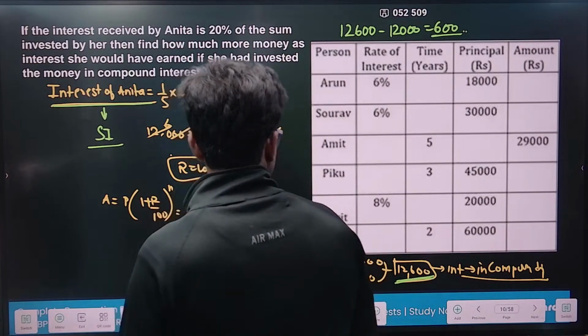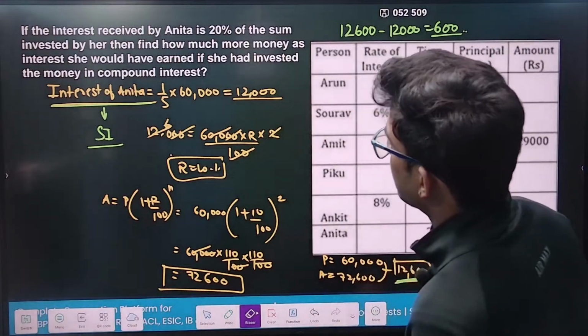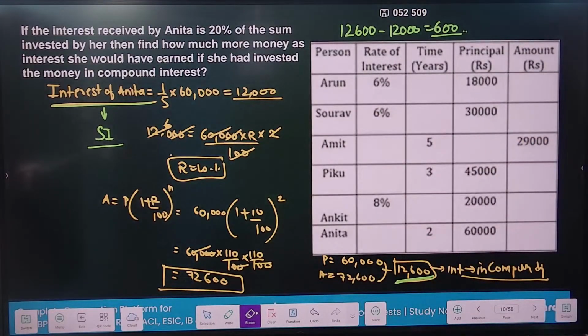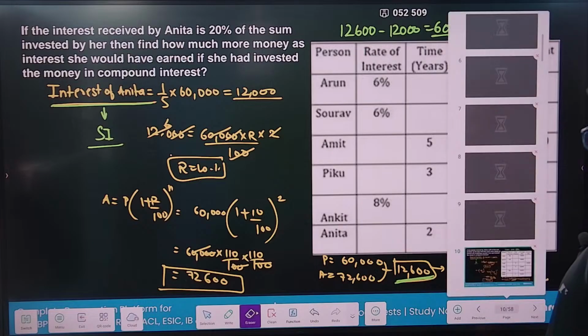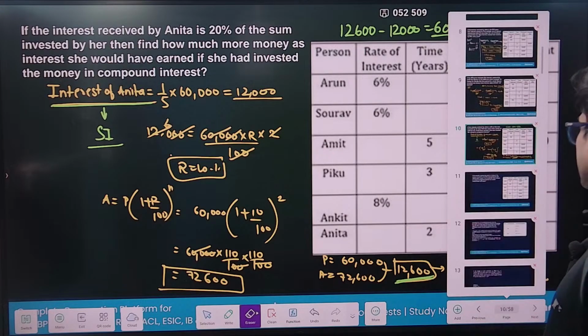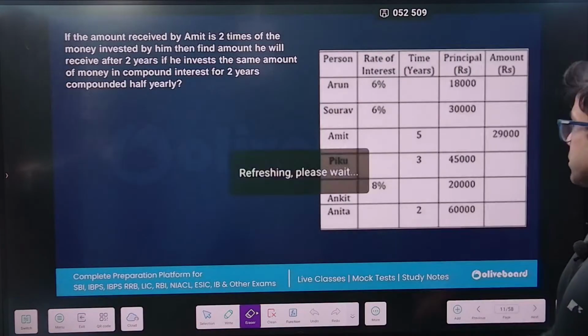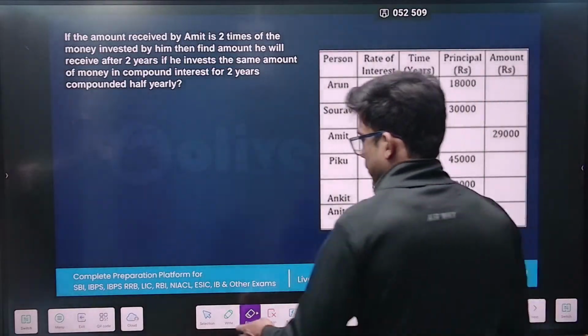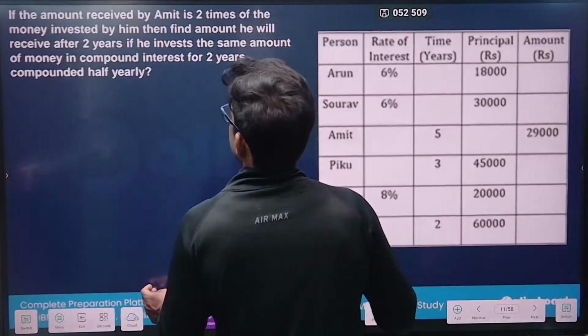Correct, everyone? So you can see that we have 4 questions as of now. This is totally based on SI CI. And we have one more question. This question, guys, I'm giving you as homework. So take a screenshot.